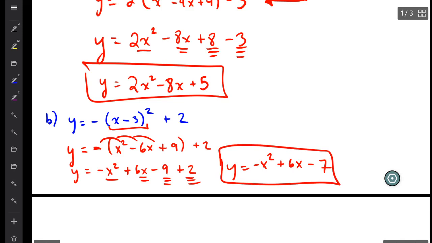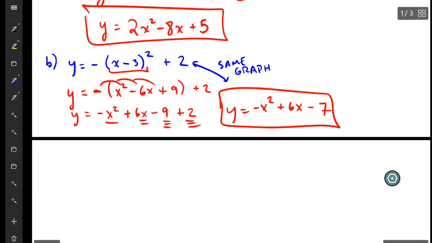Right, and it's important to remember that if I graph both of these, they're the exact same graph, right? These are the same. It's just that they're written in a different form. But if I graph them, I would get the exact same graph. So that's going from vertex form to standard form.